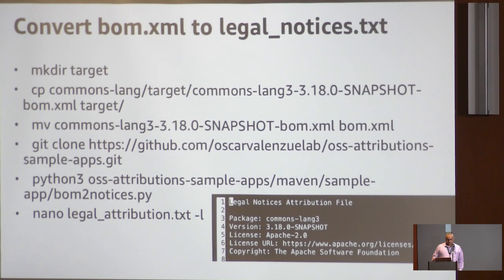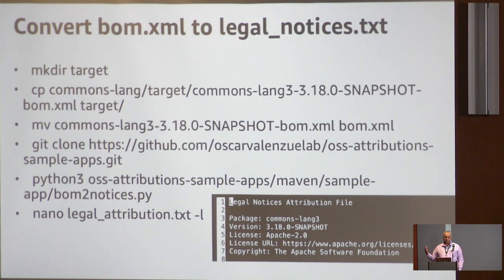BOM.xml for this particular package. Once I had the BOM, I had to convert that BOM into legal notices. So I had to use another set of commands and another repo, this GitHub repo for OSS attribution sample apps, and using that, I was able to convert the BOM.xml into a legal notices text that you can distribute with your project.